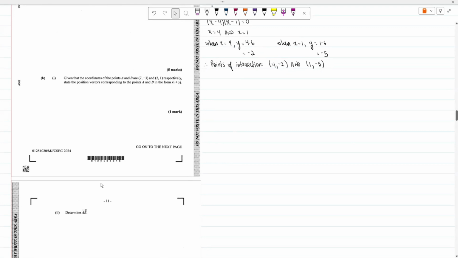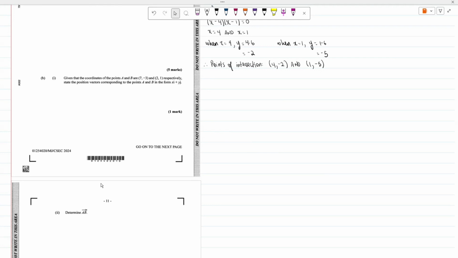Given the coordinates of the points A and B, state the position vectors corresponding to the points A and B in the form xi plus yj.